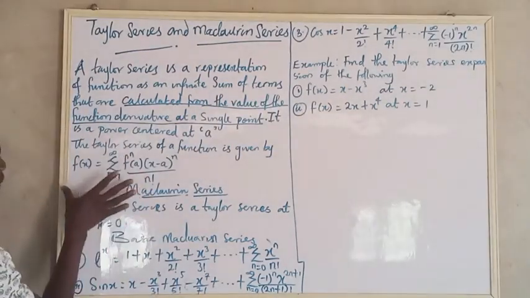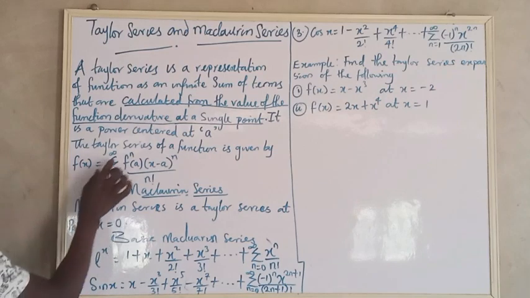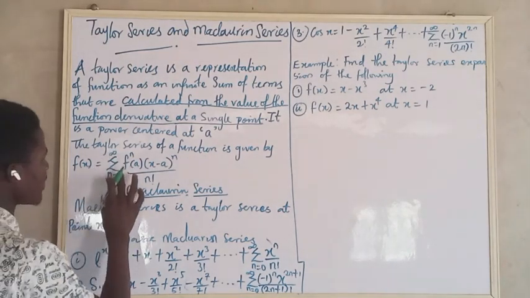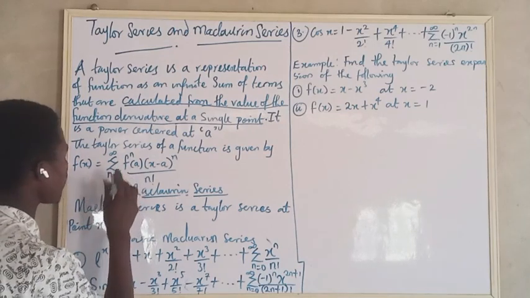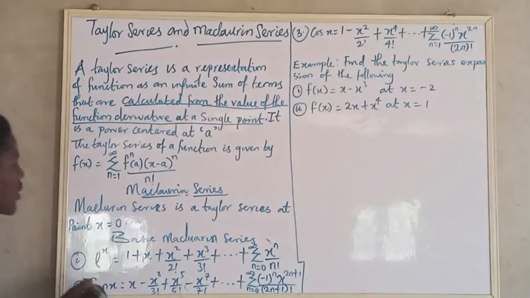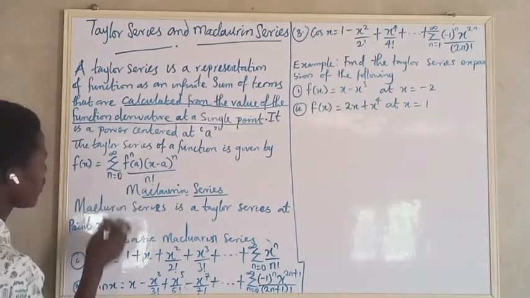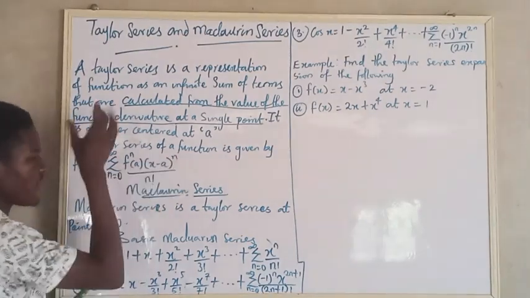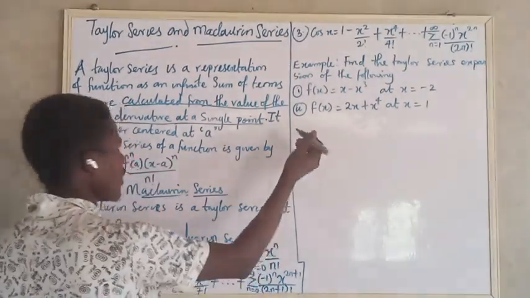The Taylor series formula is given as f of x equals the summation from n equals 0 to infinity. So the expression of this formula is what I'm going to write out here.